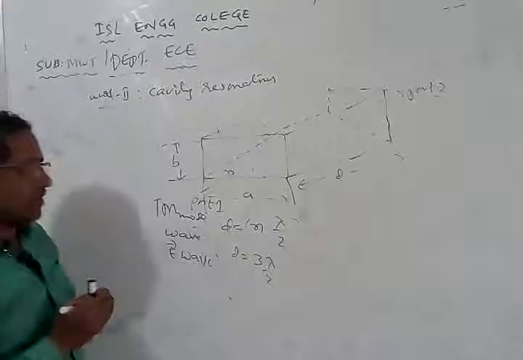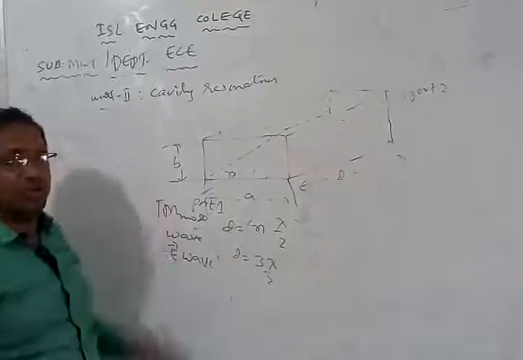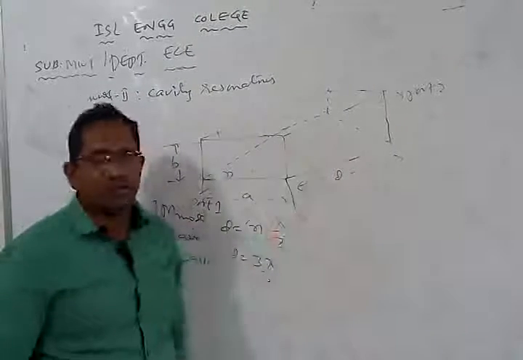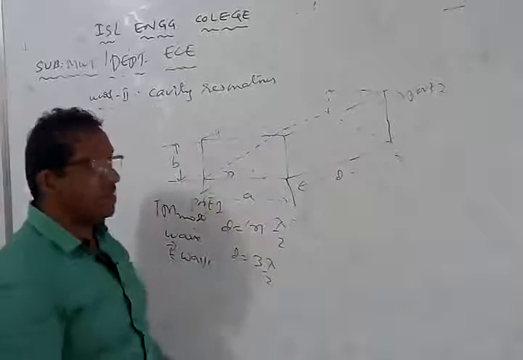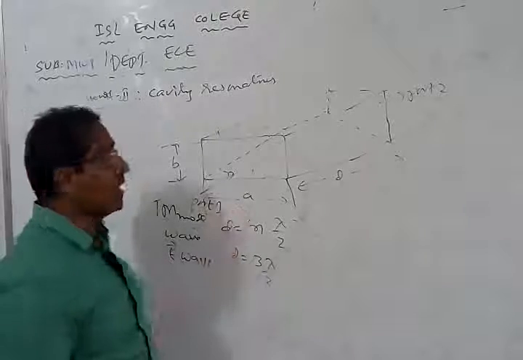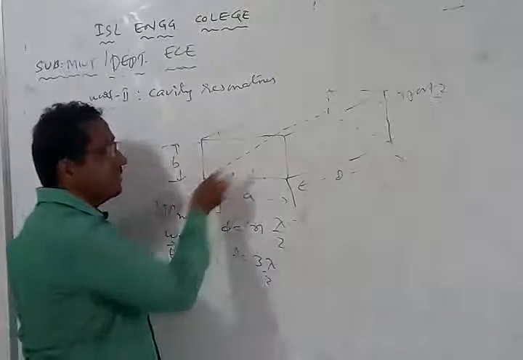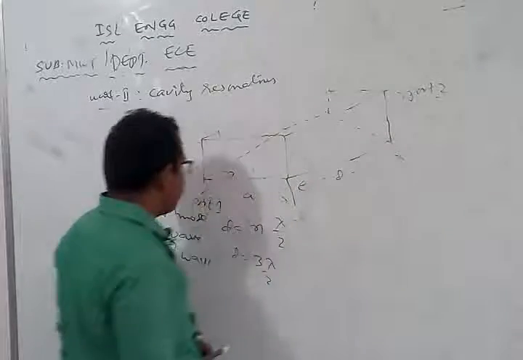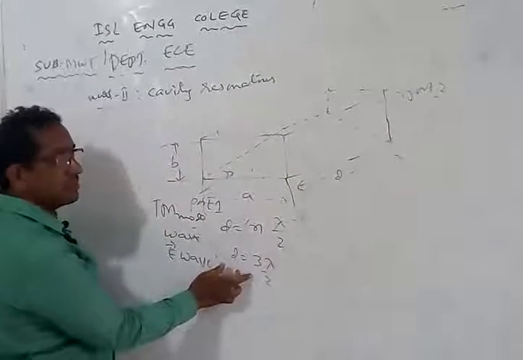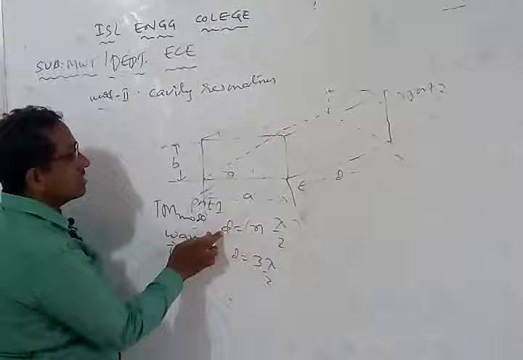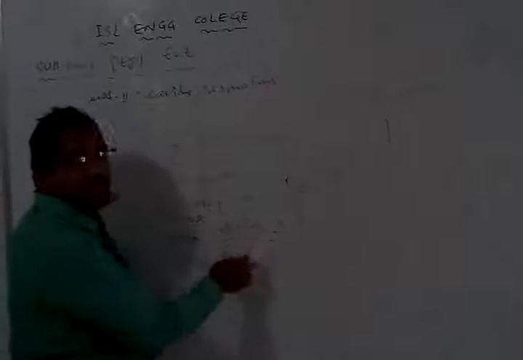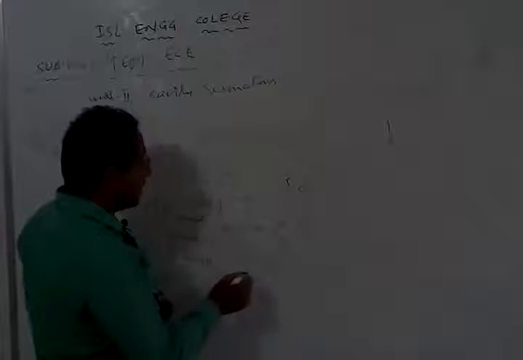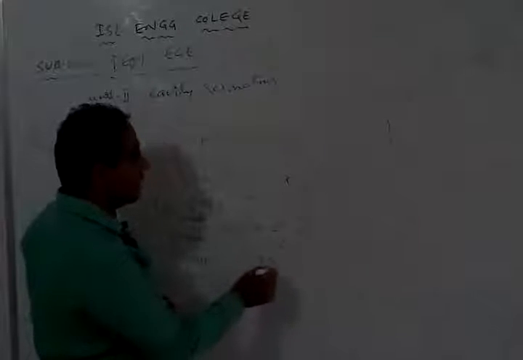So imagine that we are transmitting the TM mode, the E field mode, through this rectangular waveguide. Through this we transmit the wave, and we close the waveguide at the other end based on this simple equation, that is, the distance is going to be a multiple of lambda by 2. For example, if I take d equal to 3 lambda by 2, what is lambda?